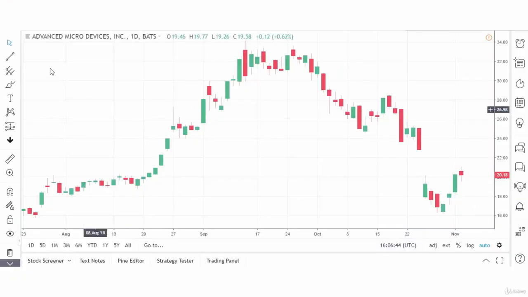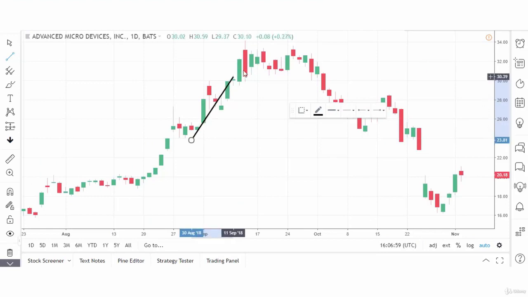Let's take a look at a double top in the chart of Advanced Micro Devices, or AMD. We have the stock in a clear uptrend. It's moving up here.